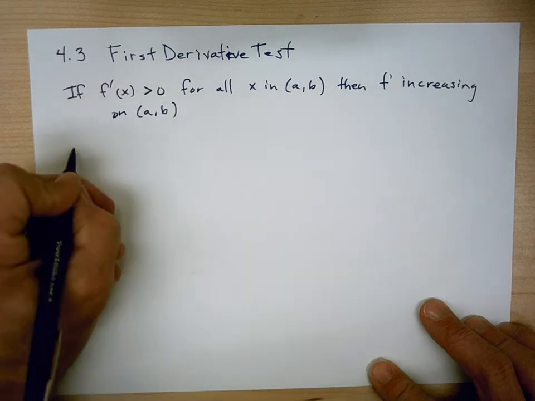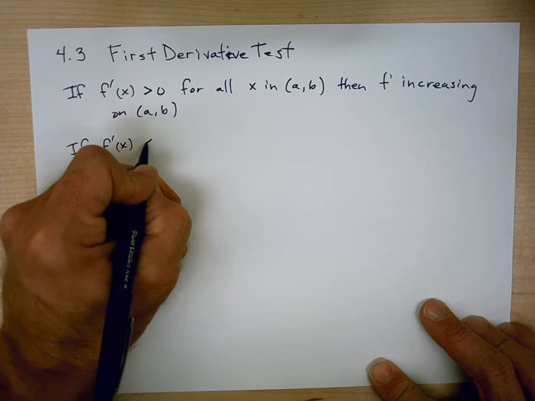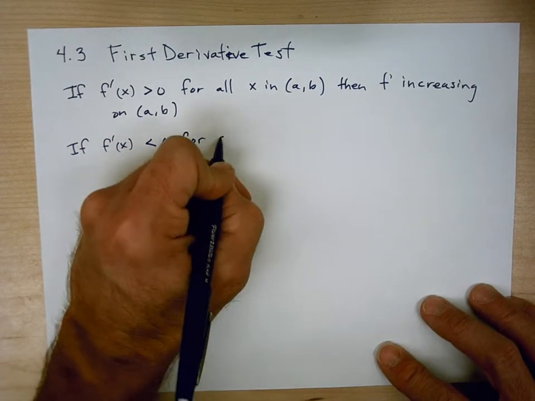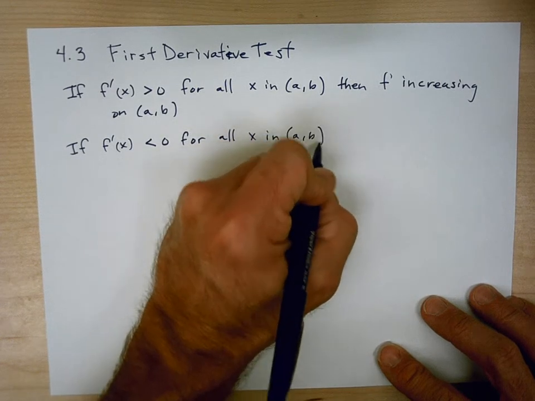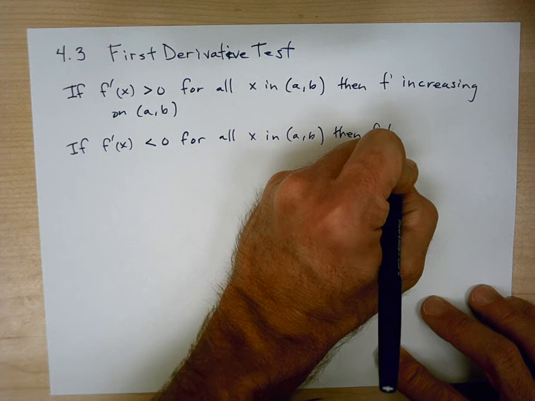All right, and then we said if f prime was negative for all x in our open interval a to b, then f was decreasing.